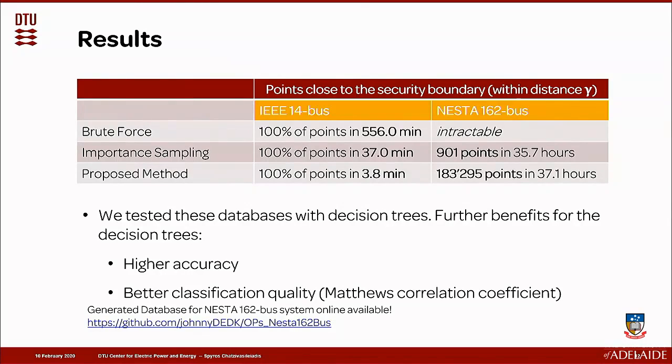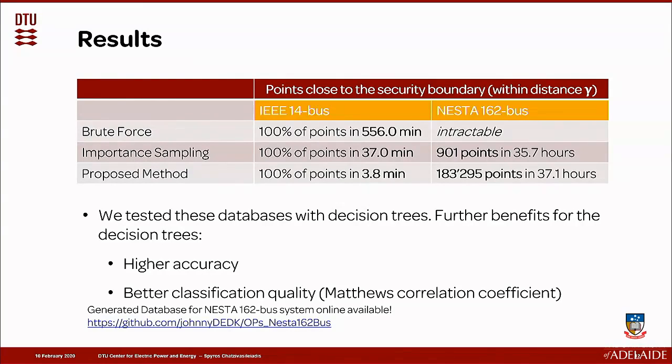If we go to a 162-bus system, it's impossible to assess all possible operating points, if they are safe or unsafe. Importance sampling gets 900 points in 35.7 hours. The approach that we propose gets many more in about a similar time. The convex relaxation helps a lot with that.